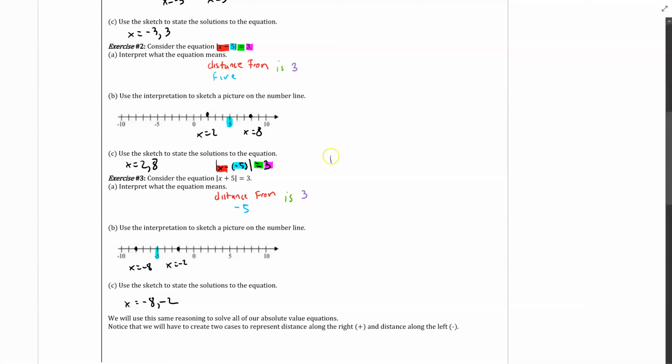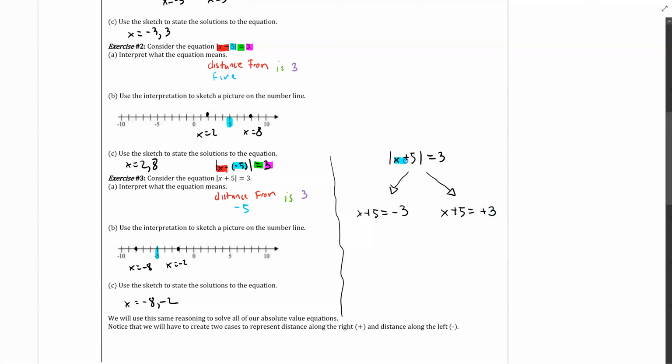The way that we actually will solve problems is we'll take the absolute value bars and we essentially need to, quote, drop the absolute value bars. And the way that we drop the absolute value bars is we consider the fact that there are two answers, right? The expression inside of the bars is equal to the, quote, left answer, which is denoted by negative 3, and then the expression inside the absolute value bars is equal to the right answer, which is denoted by positive 3.